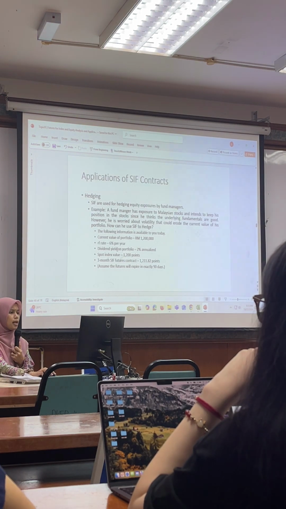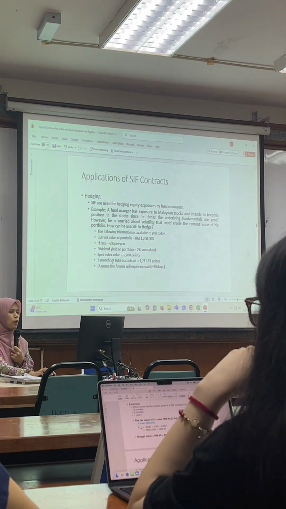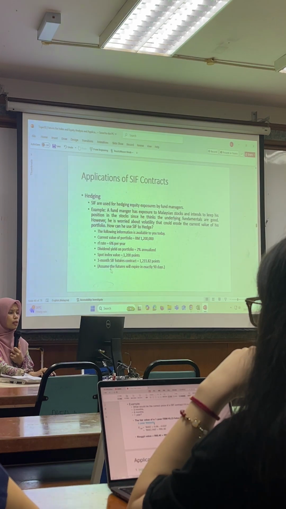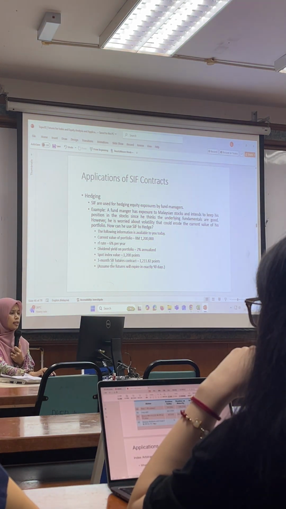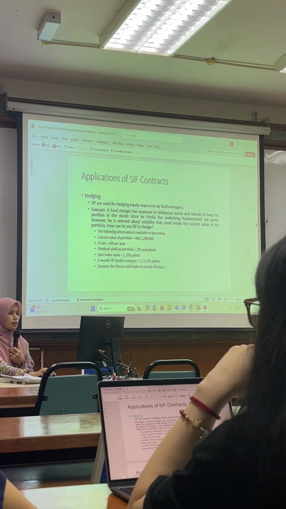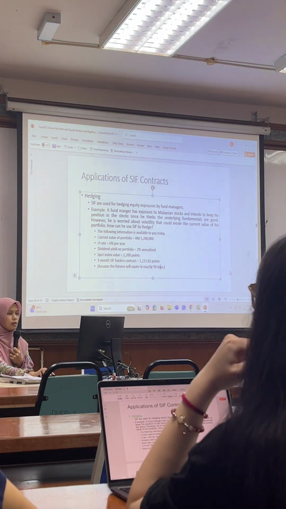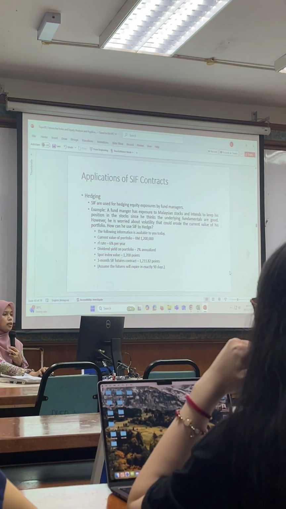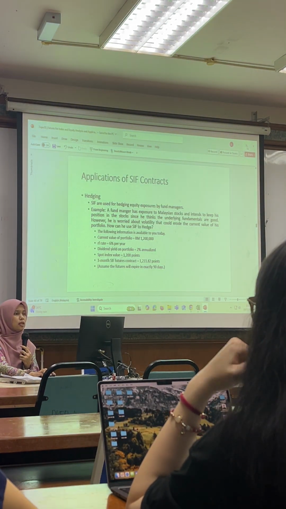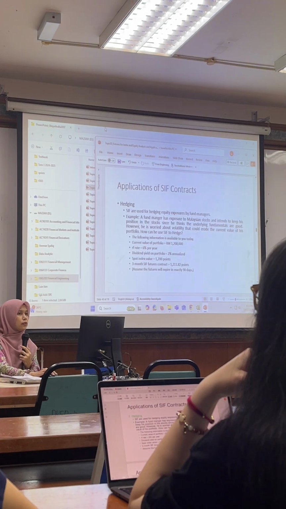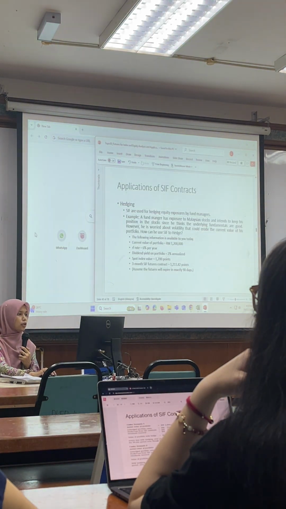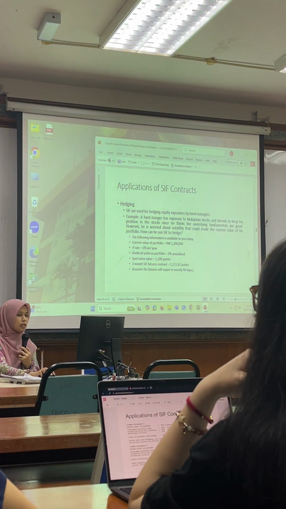You need to know the current value of the portfolio, and then the risk-free rate, dividend yield, and spot index value. The spot index relates to the stock index futures contract. Okay, now we're going to take it in Excel.